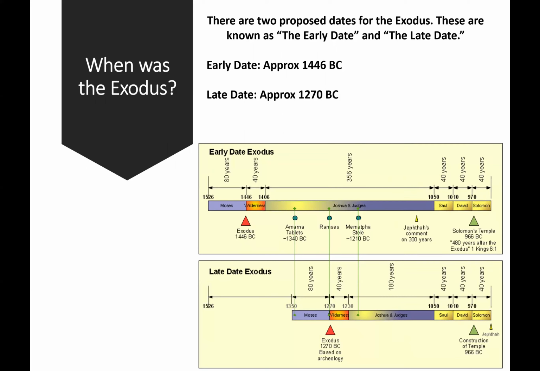So whether we take the early date or the late date, it's not that the history documented within the Pentateuch is necessarily fought against, but rather the timetable in which these things occur.